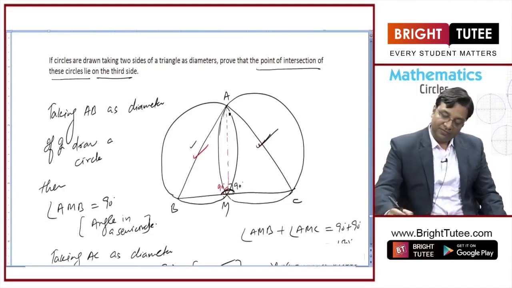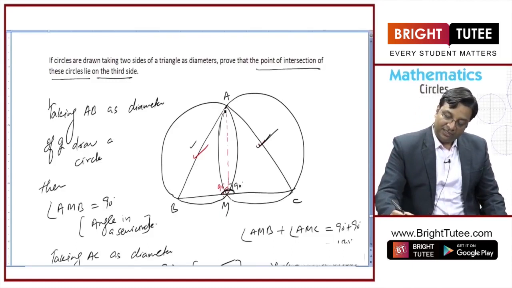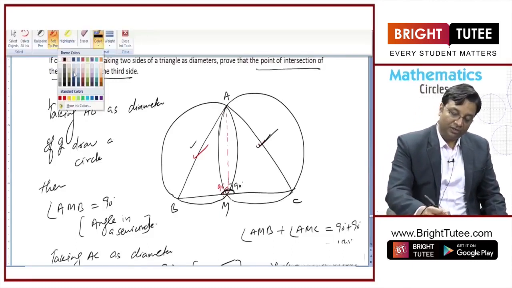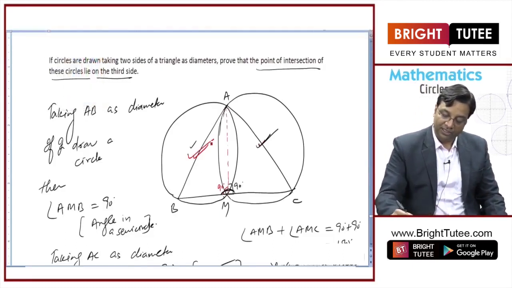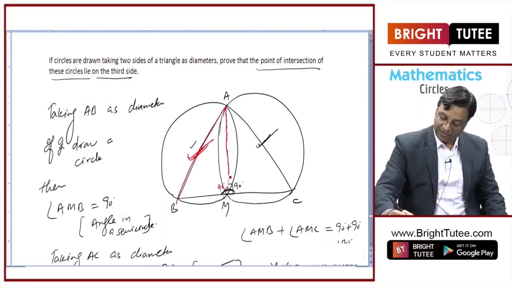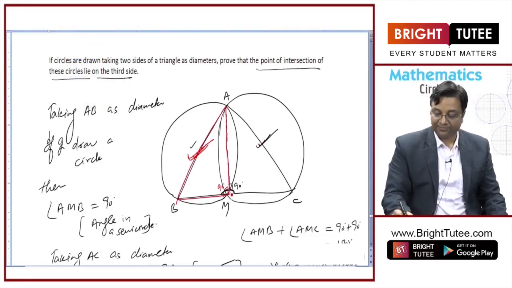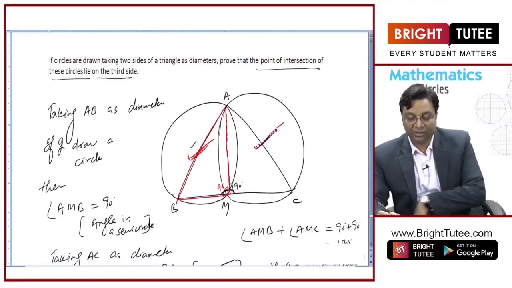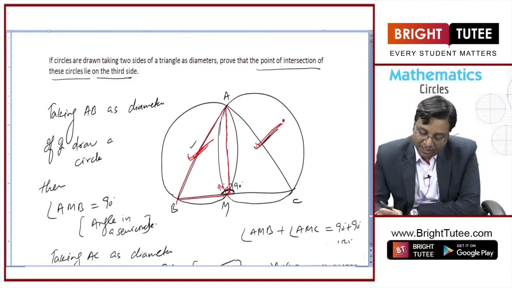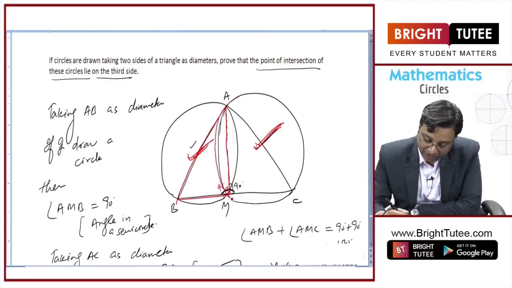Why? Because if I draw a circle on this diameter, it will make this angle 90 degrees. Now, if I use this as my diameter, it is necessary for the circle to pass through this point.